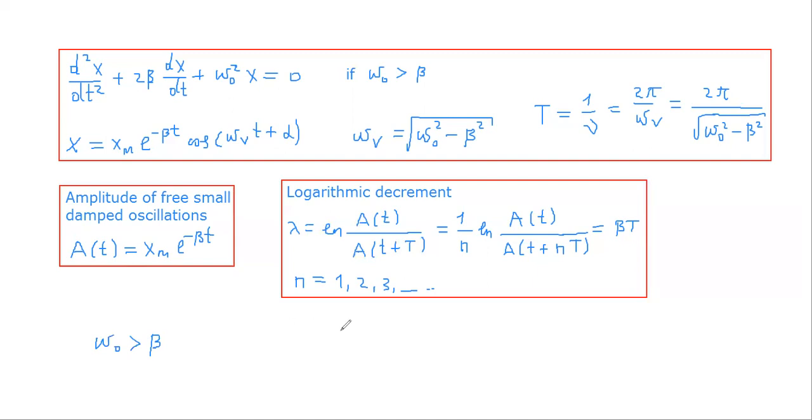But what if we have a case of equality, or if the natural angular frequency is less than beta?